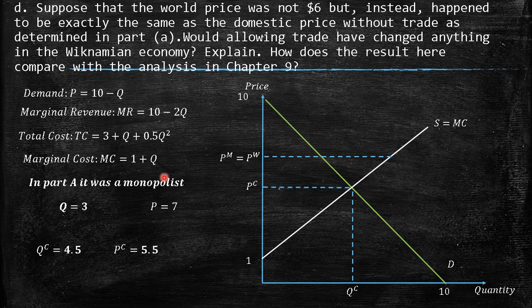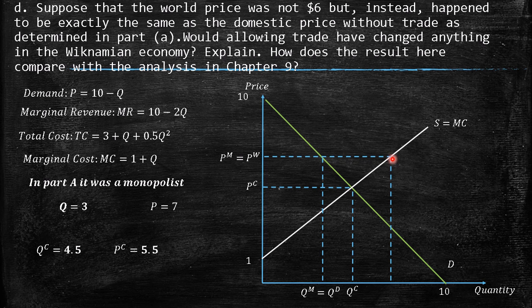Here we have the monopolist price, which is exactly the same as the world price, which is 7. So automatically this is the demand of the country at this price of 7. But at this price the supply should be higher, at this value.